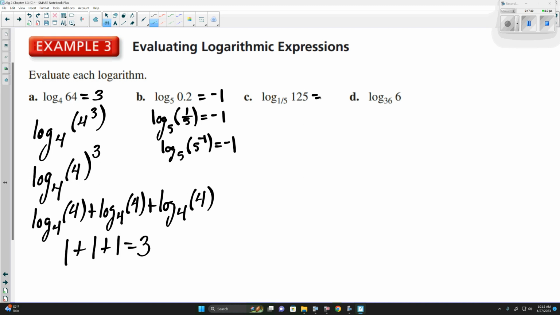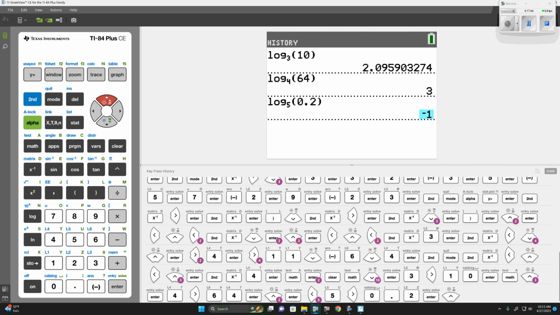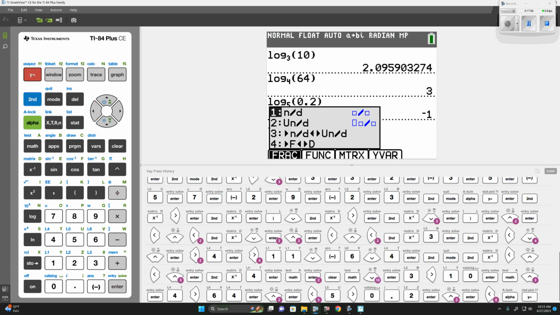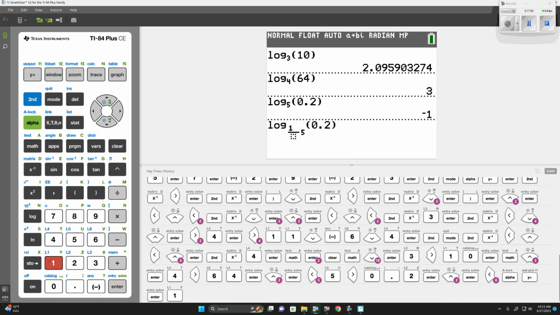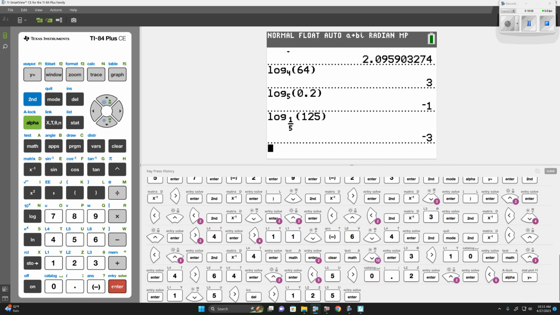The next one, log base 1/5 of 125. If I want to cheat, I can grab the calculator: Alpha y equals, enter 1 over 5, I need to remove that 5, is 125. Enter. We get -3.